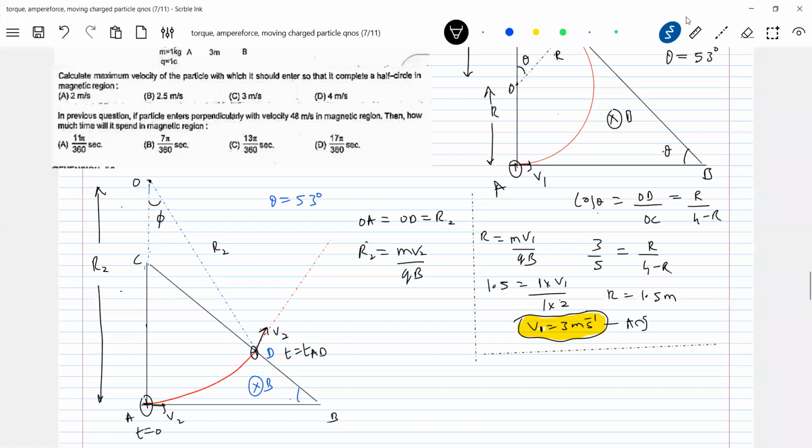Let me take help of some basic mathematics. So this is 90, this will be 37. And we know this distance is 4 meter. Not needed, keep it like this.